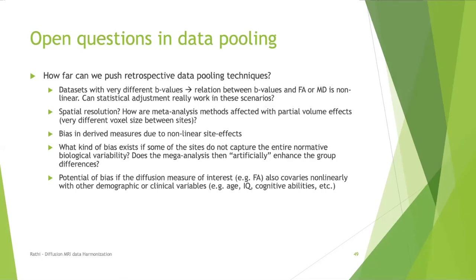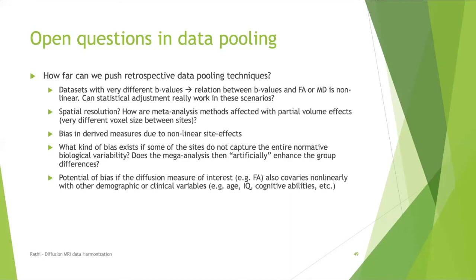We need to be very cognizant of the fact that when you do mega analysis, for example, if one of the sites has a very small control set of subjects, then do you end up artificially enhancing the group differences between them?